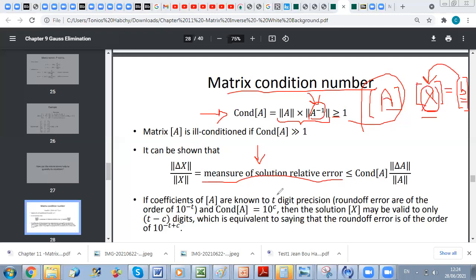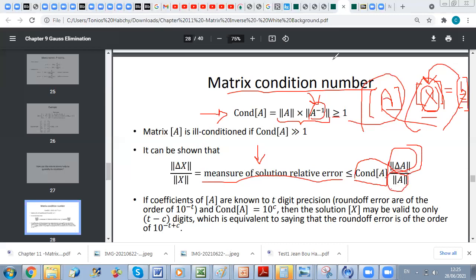So the maximum error induced is equal to condition of A times, if you want, the delta that can be done to A or to B. If you change A by a certain percentage or you change B by a certain percentage, you can say that the measure of errors that will be induced in X will be smaller or equal to the condition number of matrix A times the norm of the variation that A will undergo or B, over the norm of the matrix.